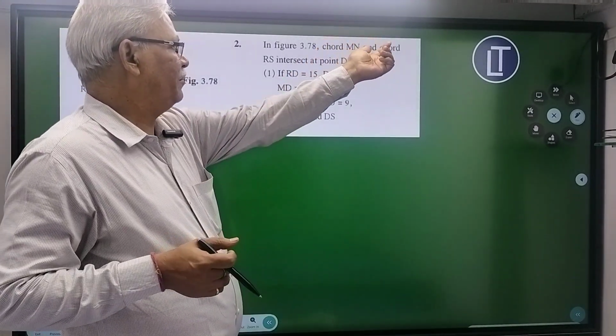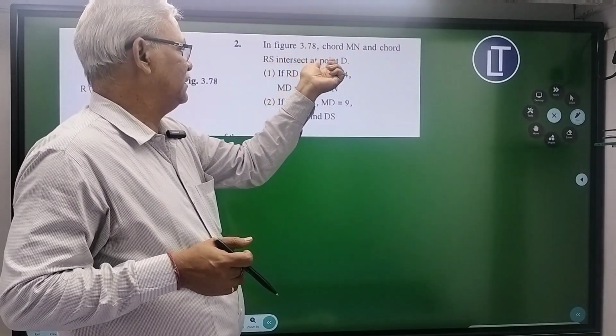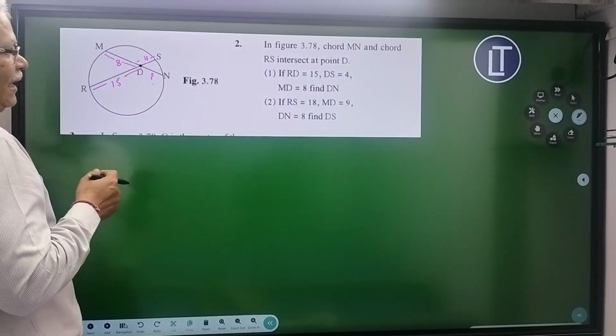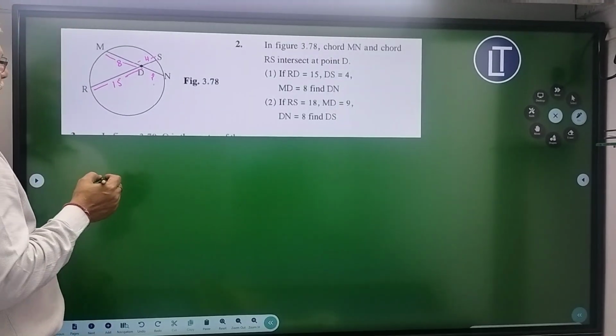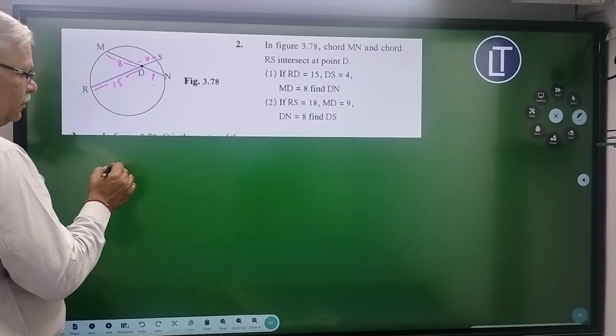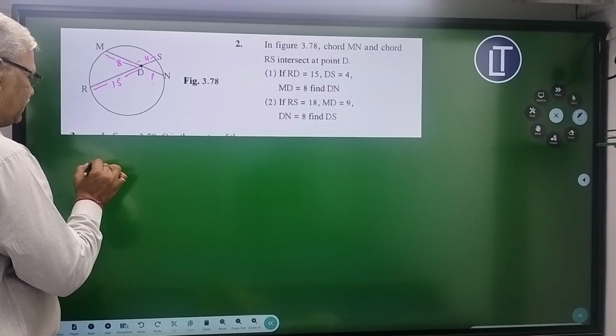Chord MN and chord RS intersect at point T. Therefore, we will directly write here the things which are first given.